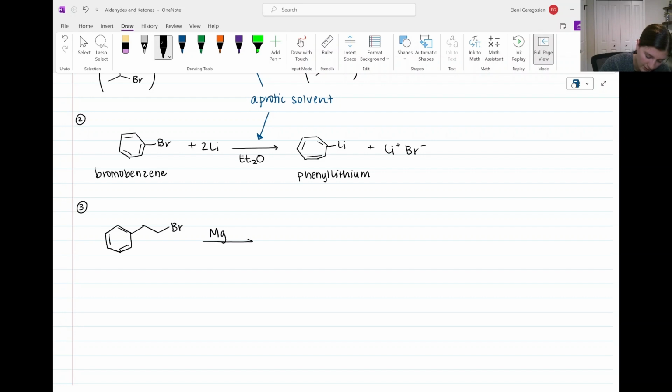And then again, we use an aprotic solvent. So here's diethyl ether. With these reagents, we form the Grignard reagent, where now the magnesium is bonded to the carbon that was bonded to the bromine, and then magnesium is also bonded to a bromine.